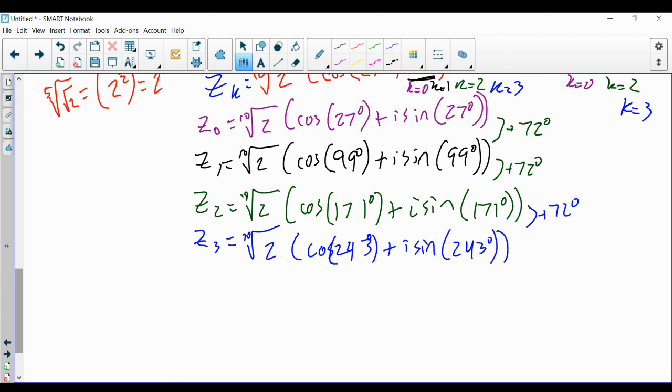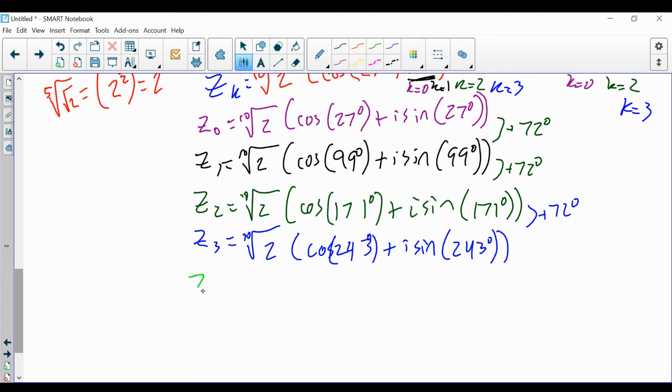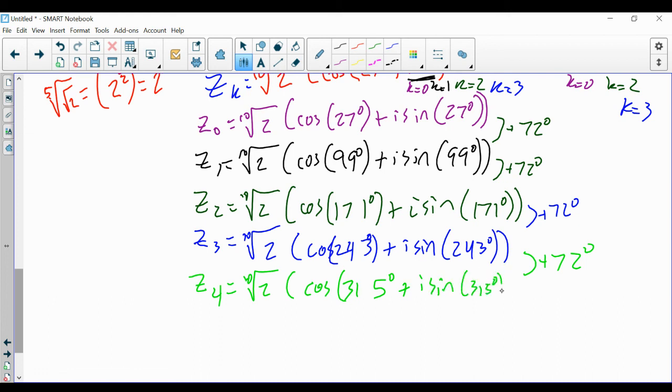And then one last one because we are at 4 answers and we need 5. So z sub 4. r stays the same. Add 72 to the angle though. Cosine of, let's see, that's 315 degrees plus i sine of 315 degrees.